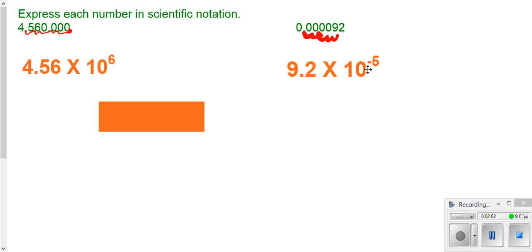Remember, this is really 1 over 10 to the 5th, which would be 1 over 100,000, which is really a pretty small number. 1 over 100,000 times 9.2 is going to be a small number close to 0. So if it's a small number, you're going to have a negative exponent.